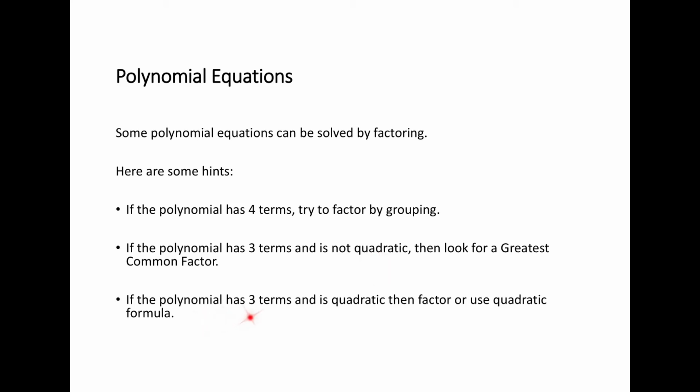And then the third one, if the polynomial has 3 terms and is quadratic, then use the quadratic formula. This third statement is what we just did in the previous example, and I will have examples of the first two here in a moment.